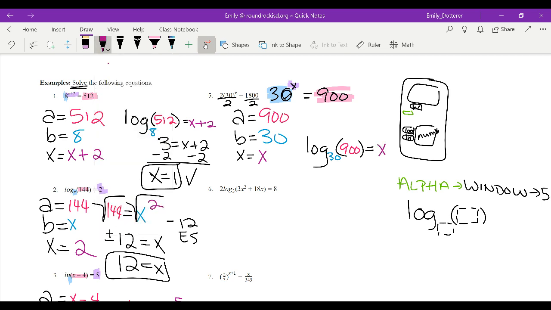So this one's nice because in this case, we just need to type in the log part, and whatever number we get, that's x. So alpha window 5, base 30 of 900, and that gives us 2. x equals 2, plug it back in to check. So 2 times 30 to the second power is indeed 1800. So that one's good to go.